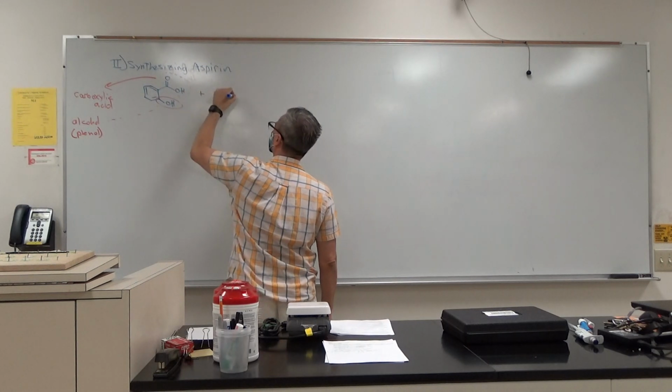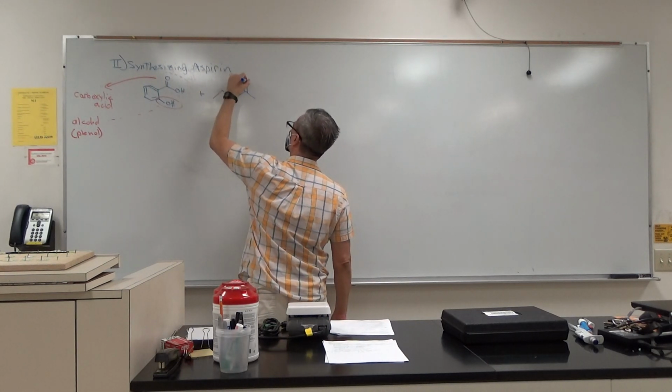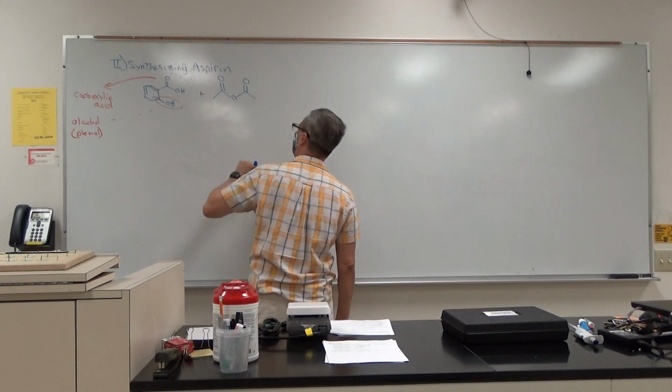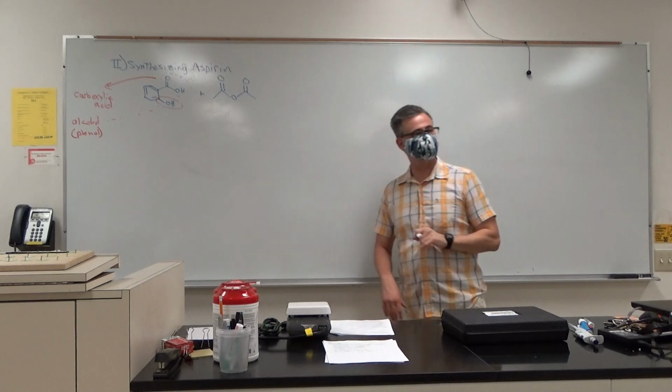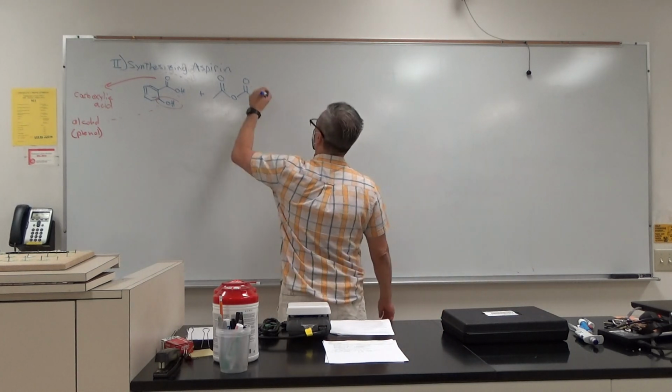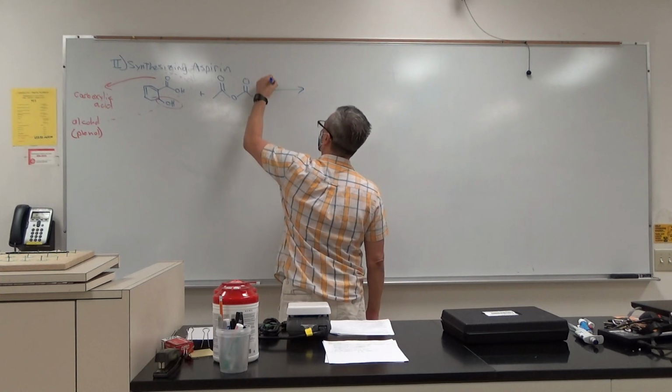We're going to treat it. This is acetic anhydride. It's a little bit less of a common functional group. Okay. And then we have phosphoric acid.